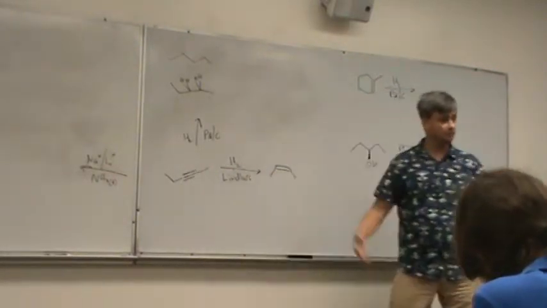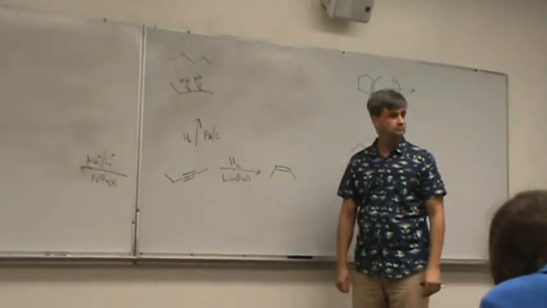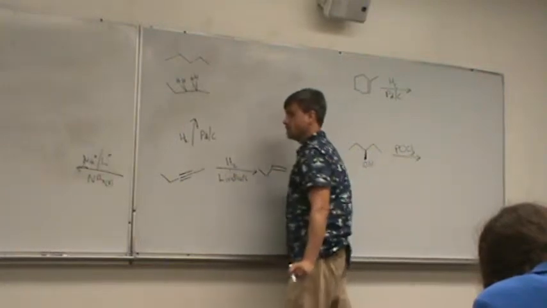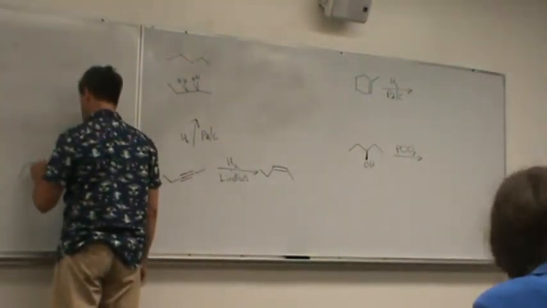And then add on the other junk. Lindlar's, you're going to have that. Sodium and lithium is trans. Boom. Write that on the paper and then add in the other junk, which is just that.